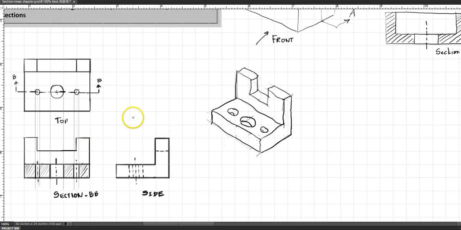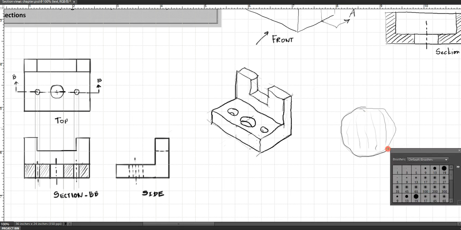Now, if I'm making a drawing for the watermelon, the front view would look something like that, and you have those lines that go on the watermelon. So that's something like what a watermelon looks like.